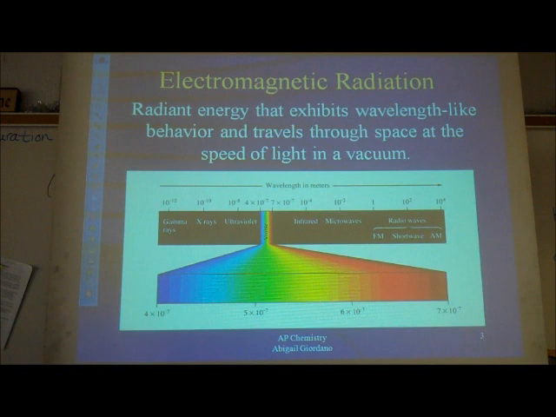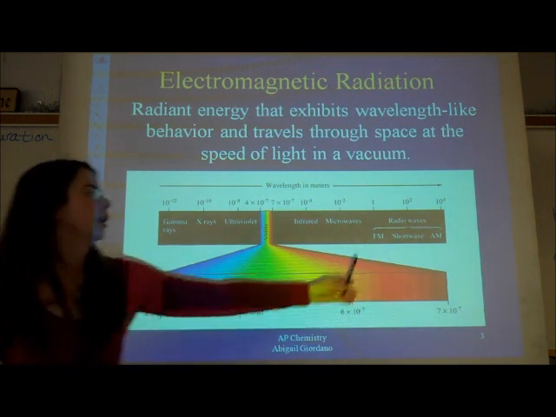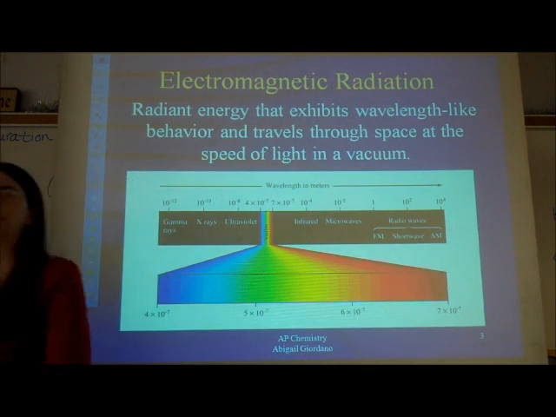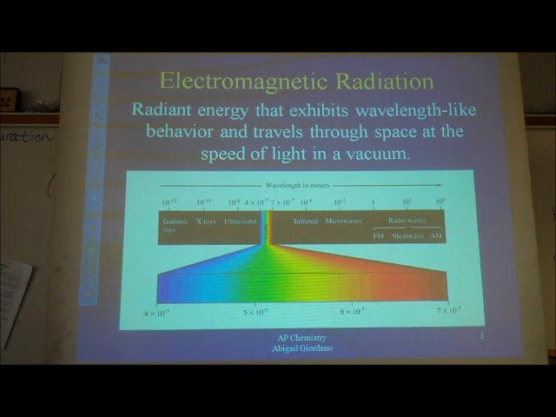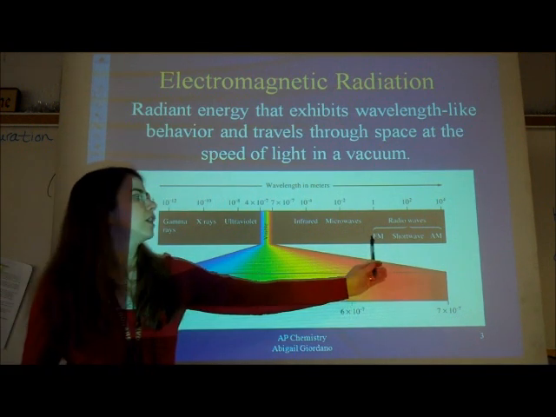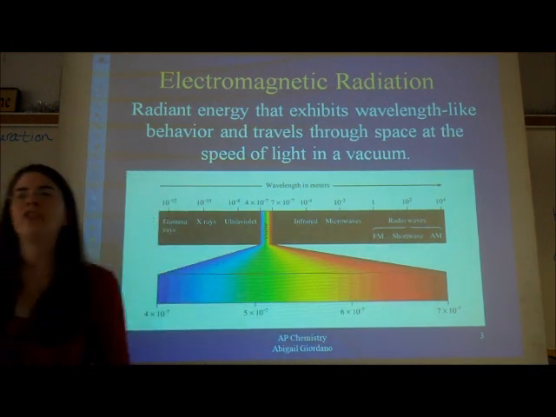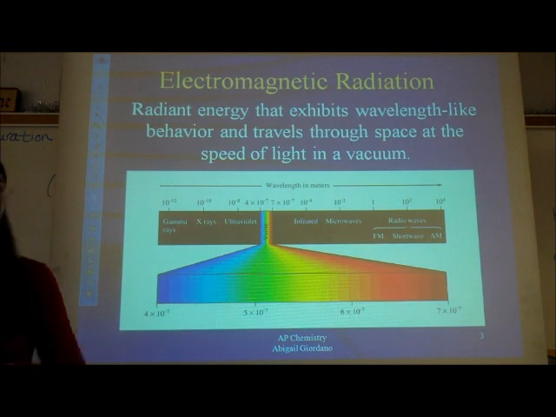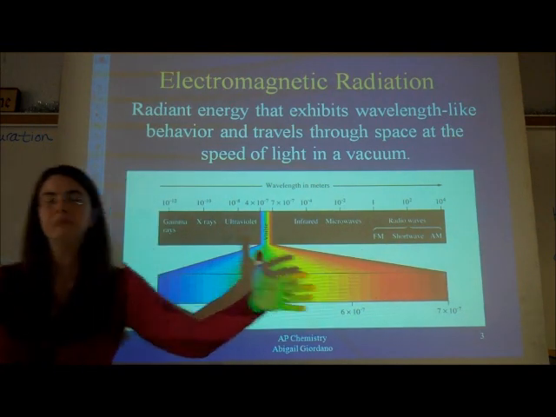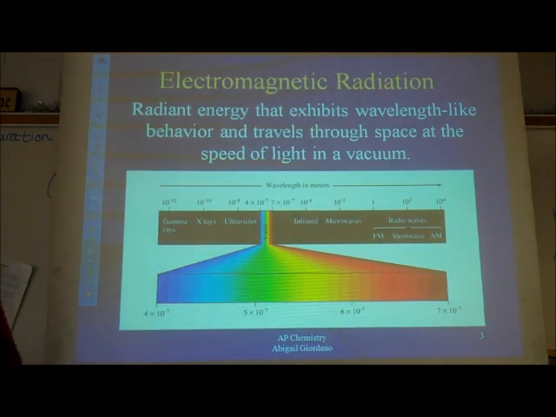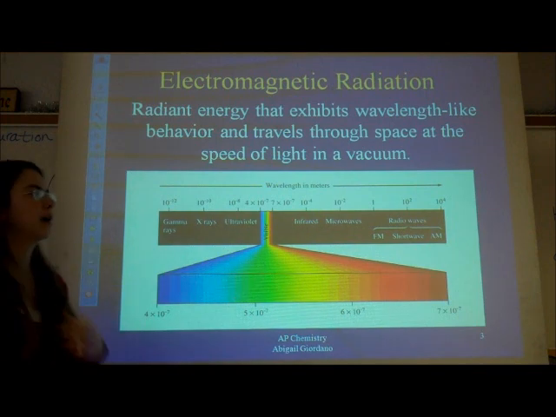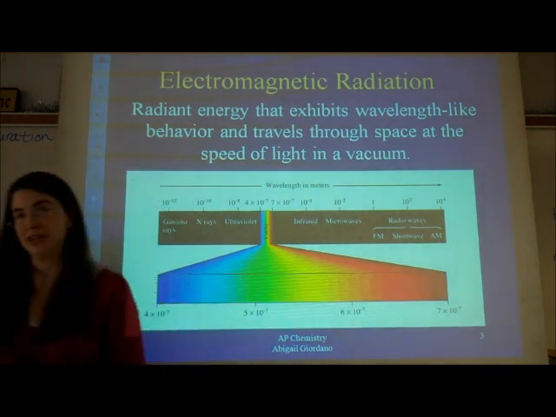But if you're in your car and you're listening to a radio station like DC 101 or WMZQ or whatever, an FM station, the radio waves that are hitting the antenna of your car have a wavelength of about a meter long. Now most of us probably don't listen to AM too often.